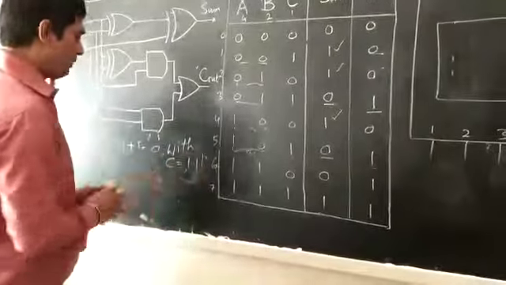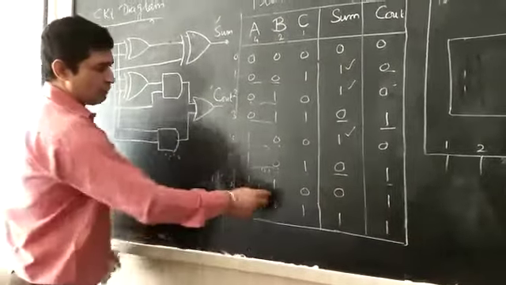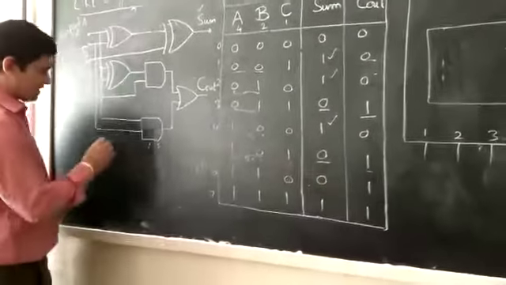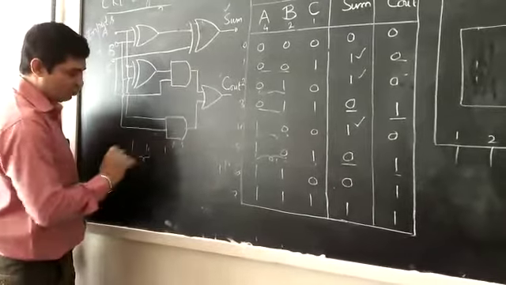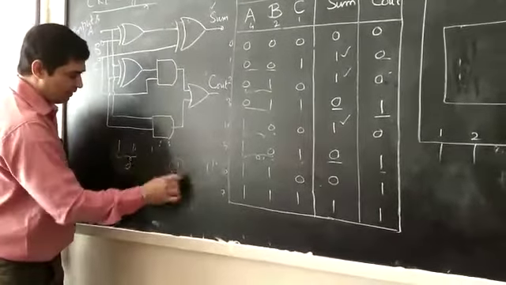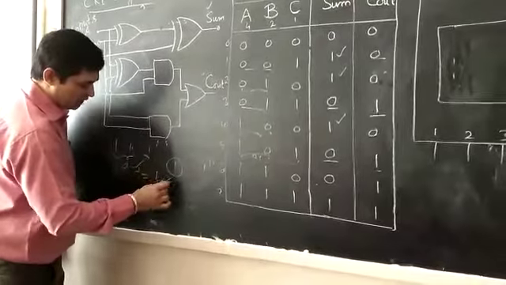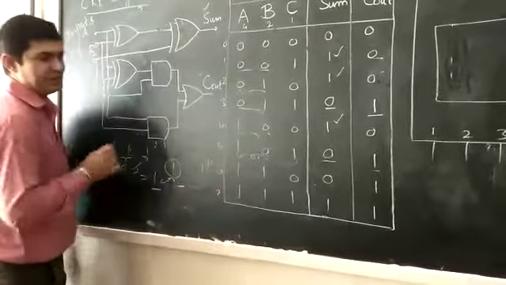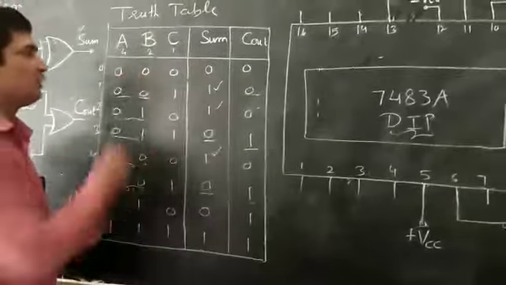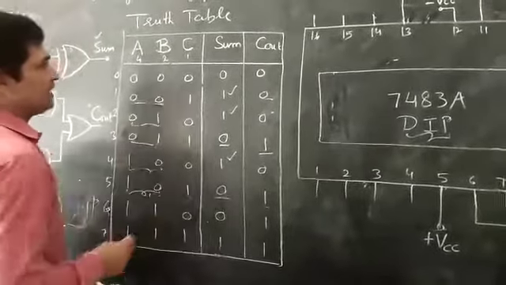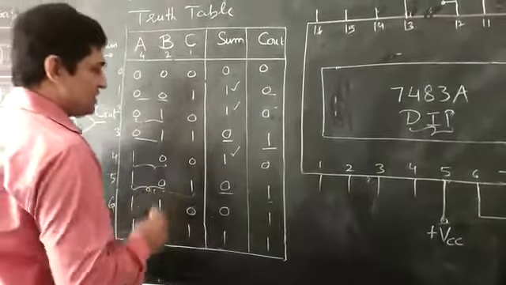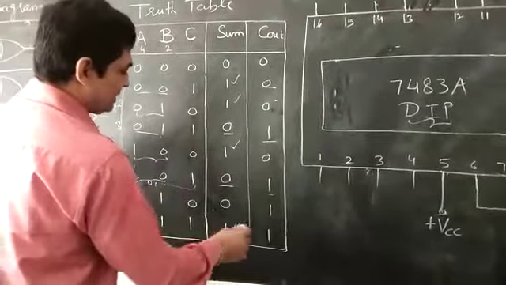Again, 1 plus 1 plus 0 is 0 with carry 1. The last one is 1, 1, 1. If I add these two 1, 1, that will be 0 with a carry of 1, and 0 plus 1 is equal to 1. So here you will get sum 1 with carry 1. You can see the entry under sum and C out in the truth table: sum is 1, carry is 1.